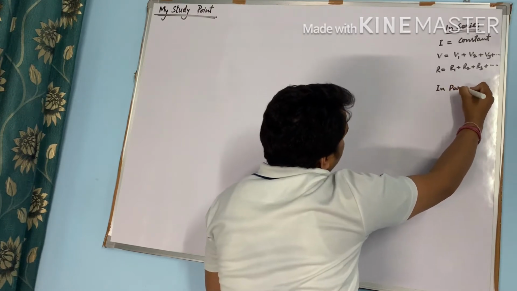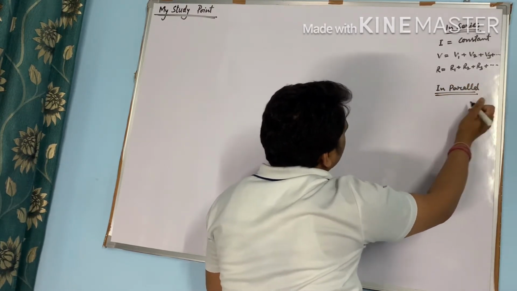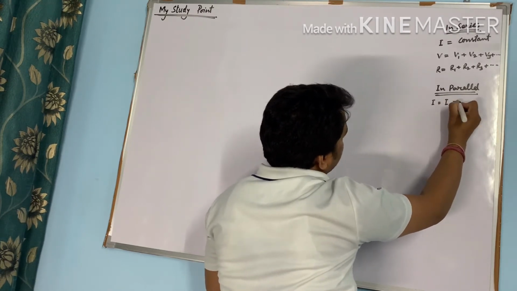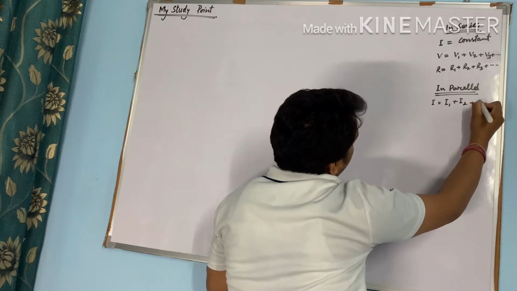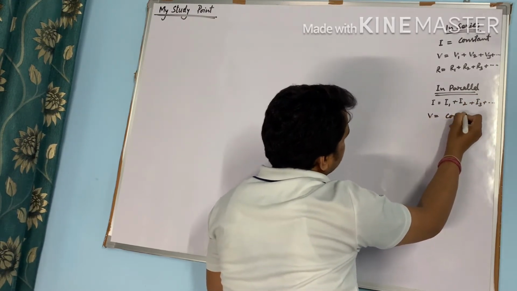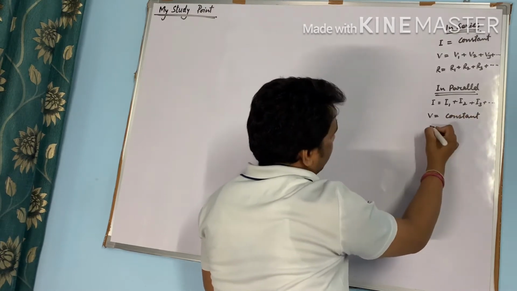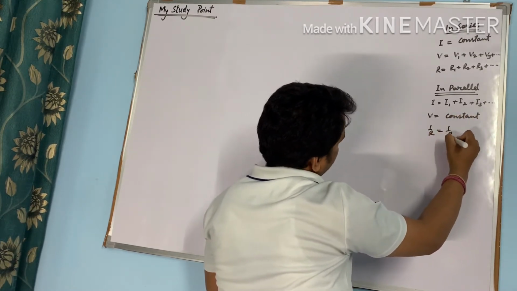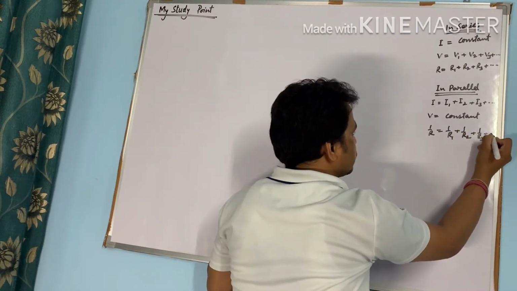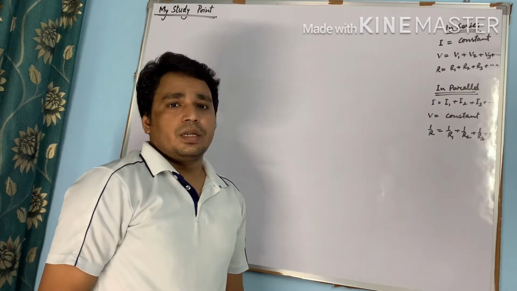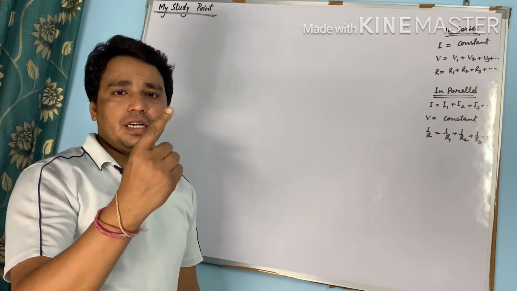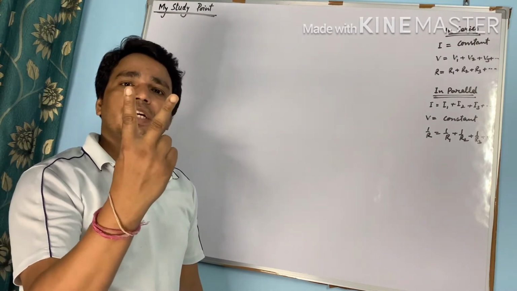In parallel, I is I1 plus I2 plus I3 and so on, V is constant, and 1 by R is equal to 1 by R1 plus 1 by R2 plus 1 by R3 and so on. Remember the shortcut trick: first is series, where current is constant, and second is parallel, where voltage is constant.